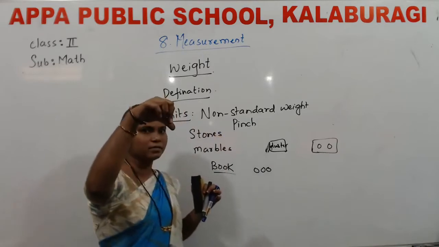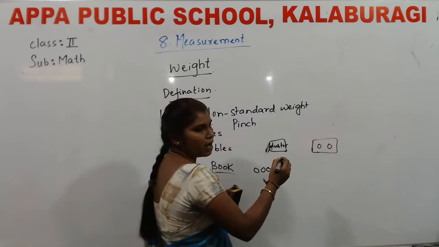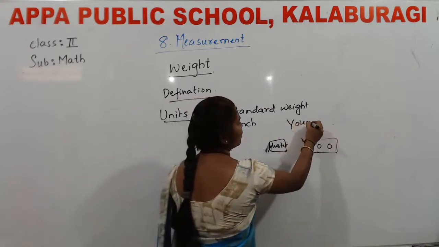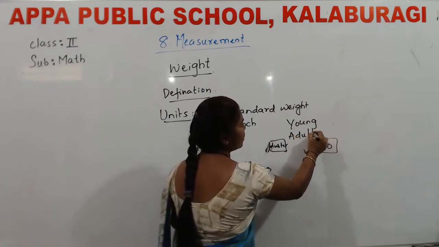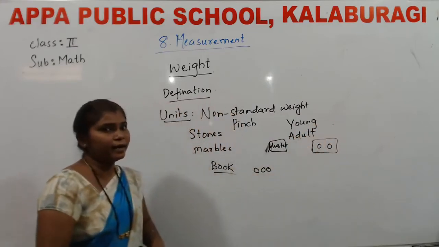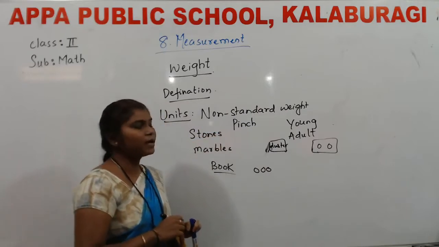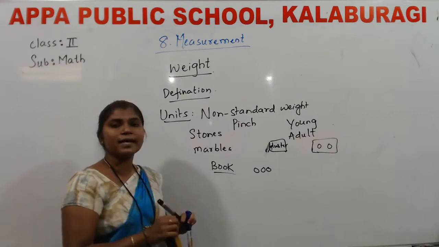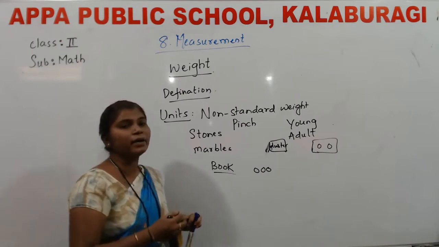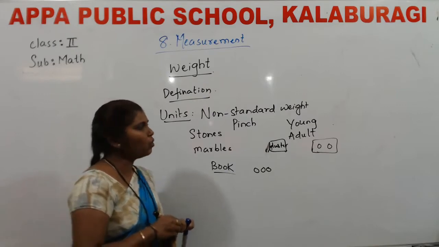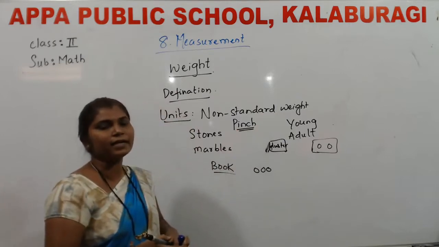Now you are a small child and your mother is an adult. Here the size of the pinch varies because your hands are very tiny compared to your mother's hand. So your pinch is also not of an exact scale.